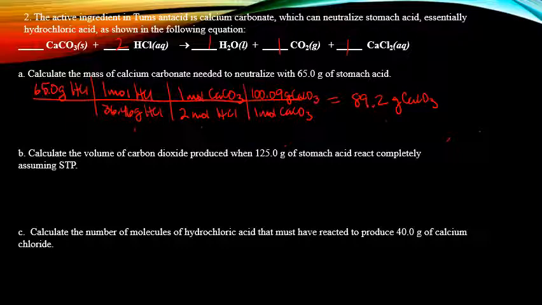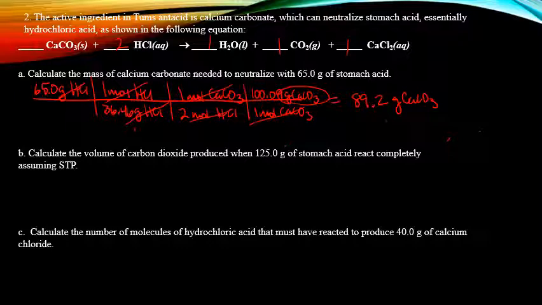So always have your unit and the substance, and that will help you with the canceling. You'll notice here again, grams in the numerator, grams in the denominator for the HCl, moles of HCl numerator, denominator, moles of the calcium carbonate, and then I'm left with my grams of calcium carbonate in the numerator for the last conversion factor.